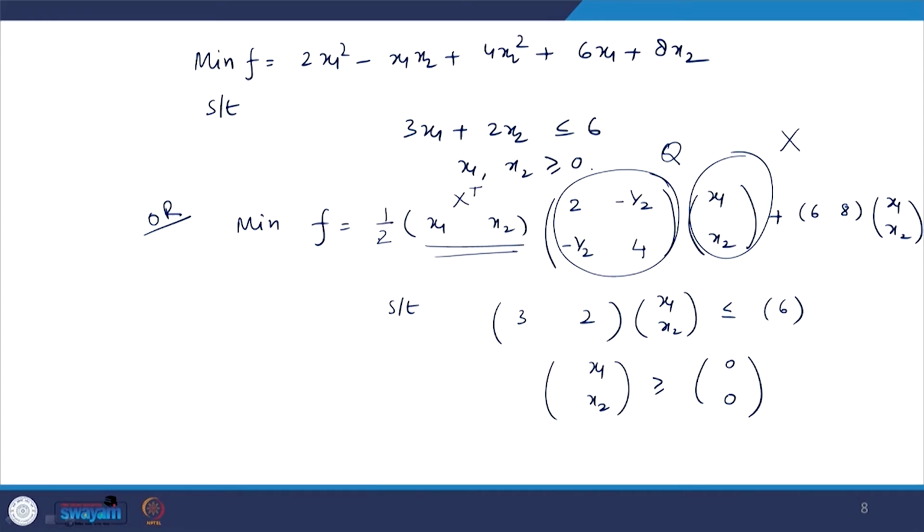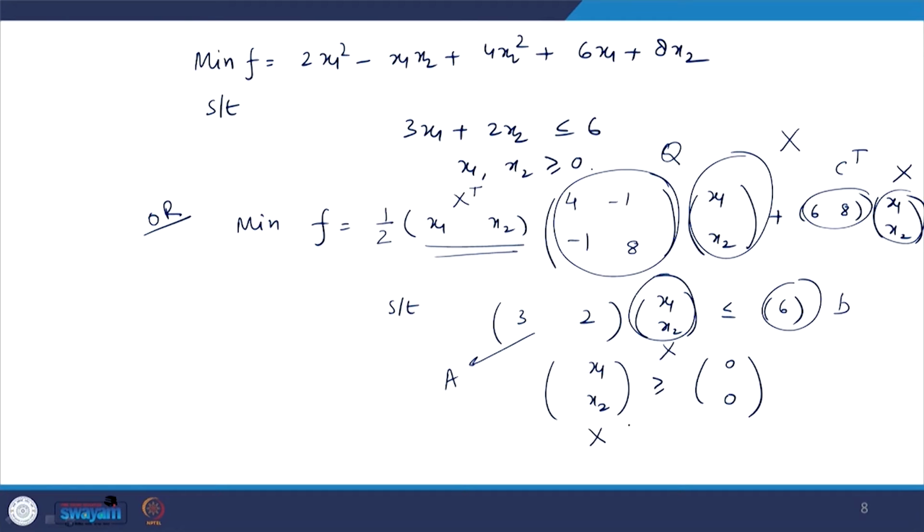In that case it will be 4, 8, minus 1, minus 1. So it is 1 by 2 x transpose Q x plus C transpose x, this is matrix A, this is x, this is b, and x greater than or equal to 0.